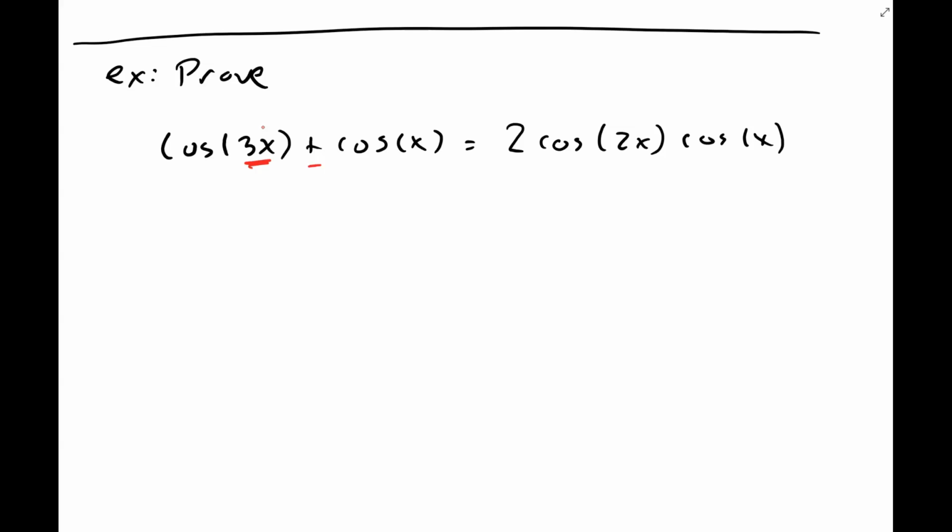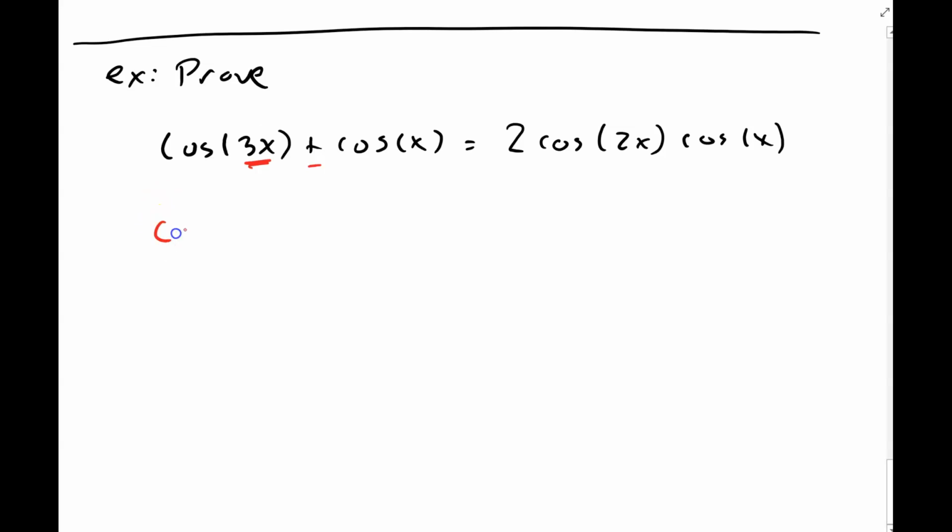So given that we've just talked about that, if I look at the right-hand side, I see that my variables are 2x's and 1x's, right? So I want to find a way to rewrite 3x in particular, so it involves 2x and 1x.